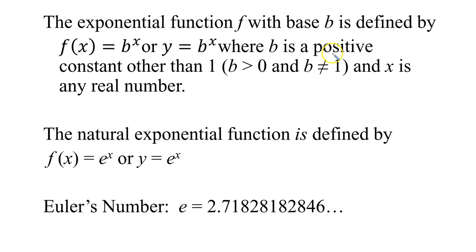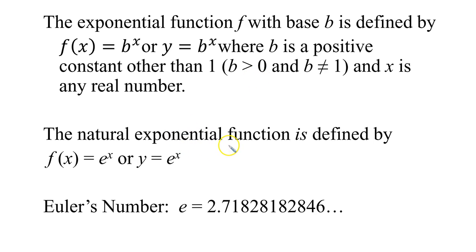B must be a positive number, and it can't be equal to 1. If it's equal to 1, it's a very boring function. X, my exponent, can be any real number, but please notice again, b, the base, must be positive.